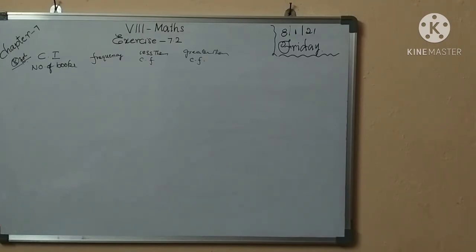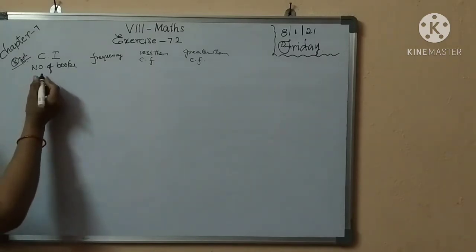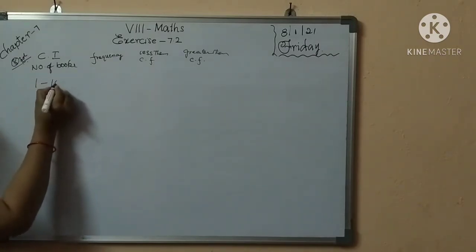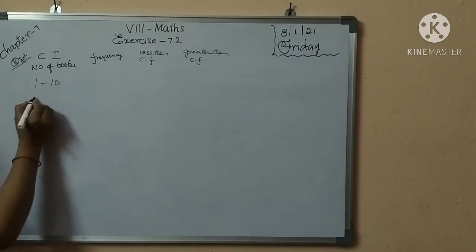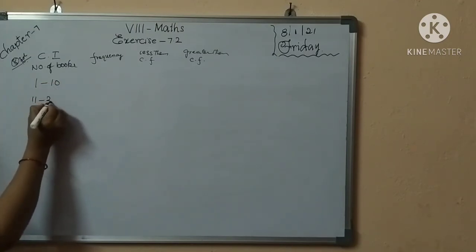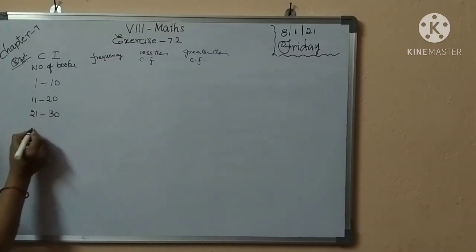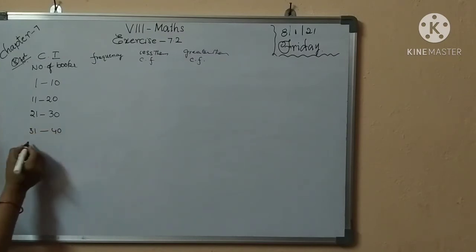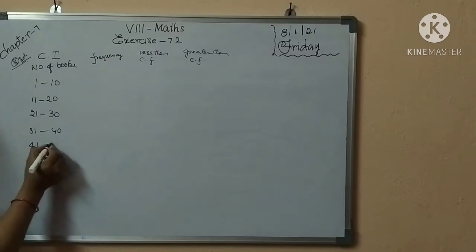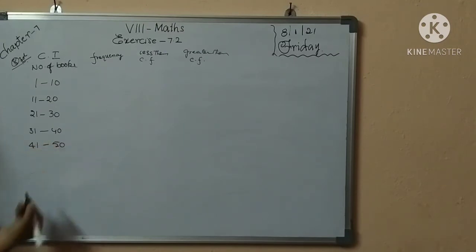Okay, so here in the table the number of books and the greater than cumulative frequency are given. First write the number of books, which is the class interval: 1 to 10, 11 to 20, 21 to 30, 31 to 40 and next 41 to 50.